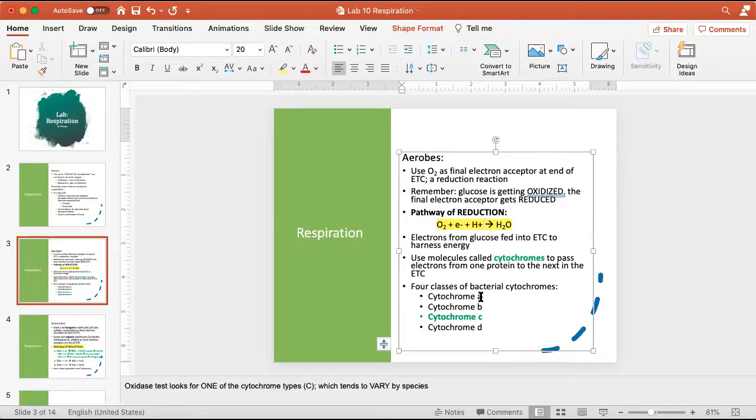So some bacteria have the A type, some have the B type, some have the D type, and some have this C type. They're all cytochromes, just different versions. And one of the ways that we test bacteria in order to identify them is looking for this C type.